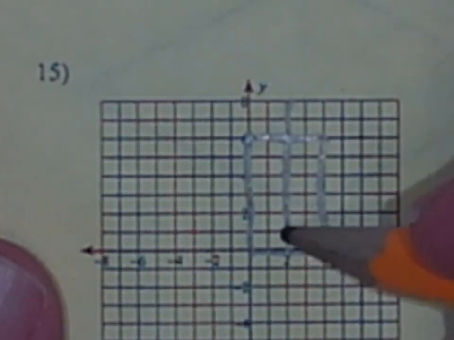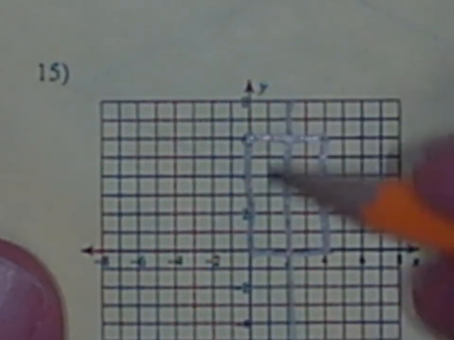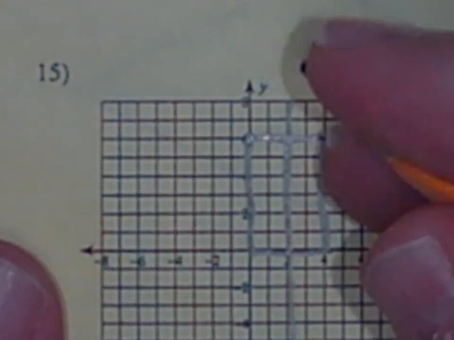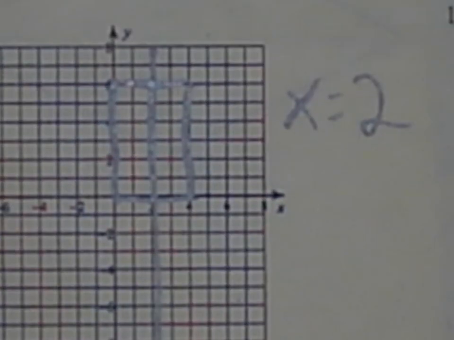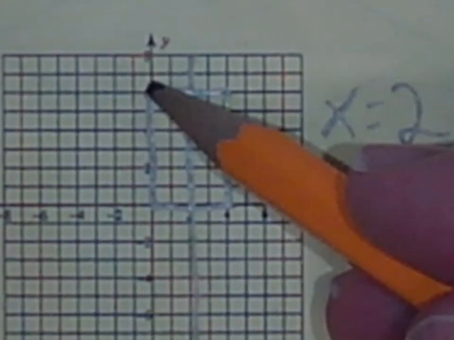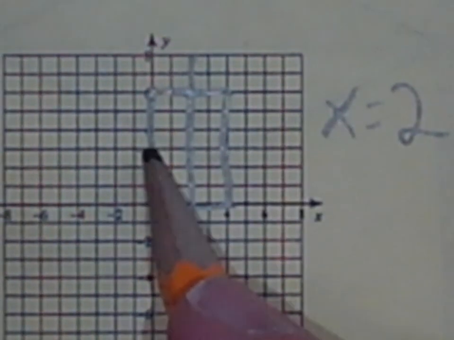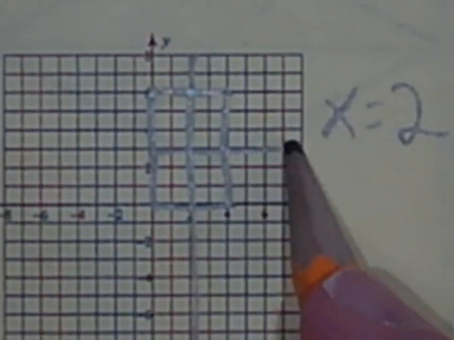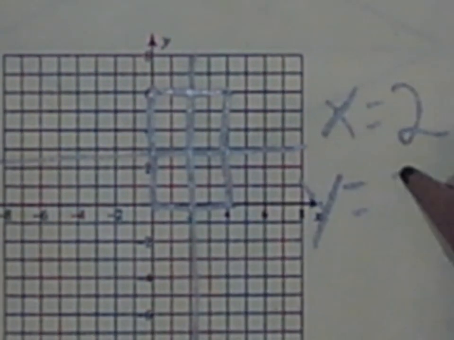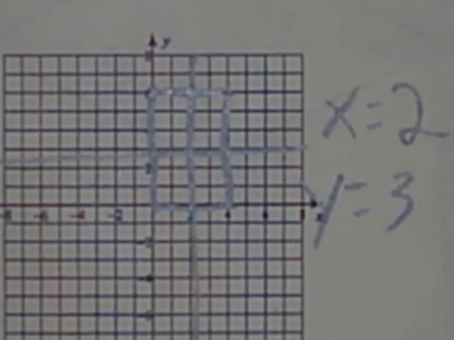So again, that is just x equals 2. It's right there on 2 on the x. Vertical lines are x equals. And then horizontally, it goes up to 6, so halfway would be 3. So right here at y equals 3 is your other line of reflection that would reflect that shape onto itself.